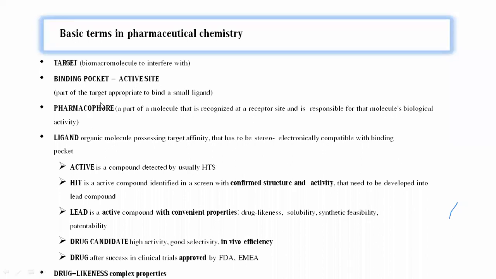Now, the next terminology is pharmacophore. What is a pharmacophore? It is a part of a molecule which is recognized at a receptor site and which is responsible for the molecule's biological activity. Now we know the drug is going to provide us the treatment.